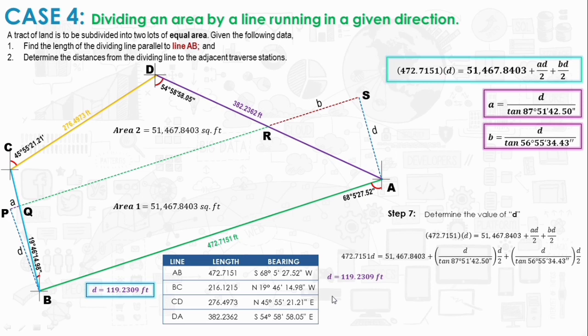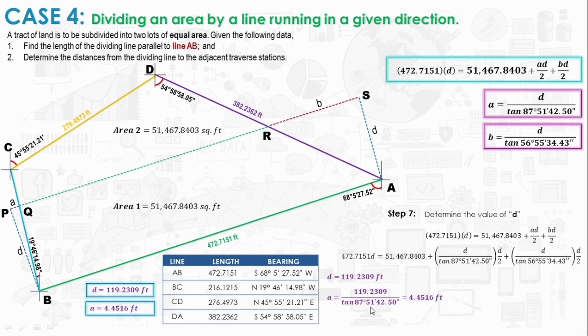So, if meron na tayong value ni D, makukuha na natin yung value ni A tsaka ni B. Unahin muna natin si A. If D is 119.2309 feet, therefore A is equal to 119.2309 divided by the tangent of 87 degrees, 51 minutes, and 42.50 seconds, equals 4.4516 feet. So, yan yung value ni A.